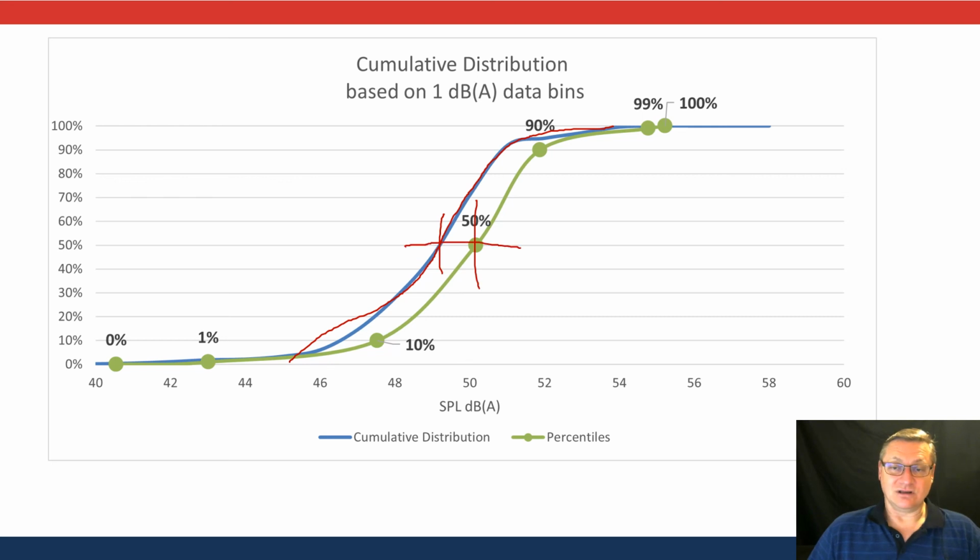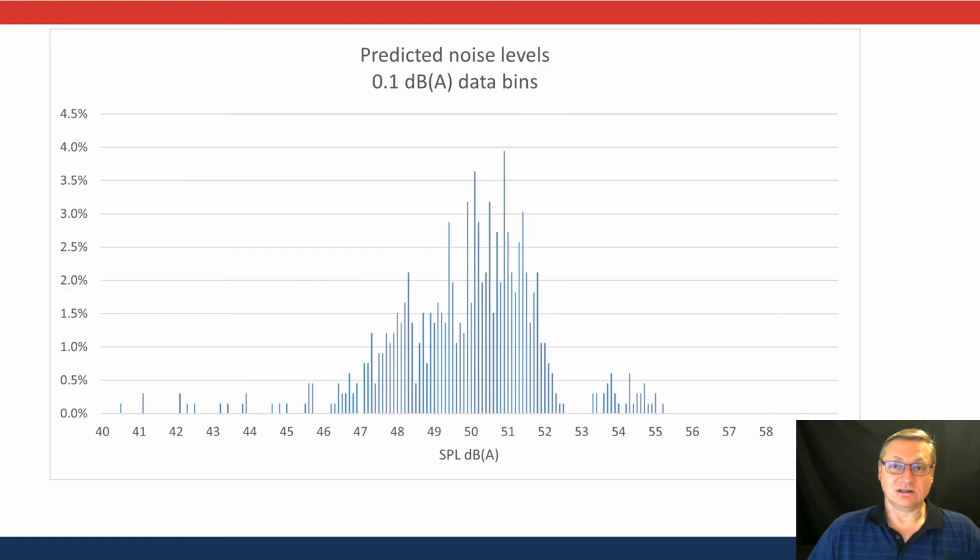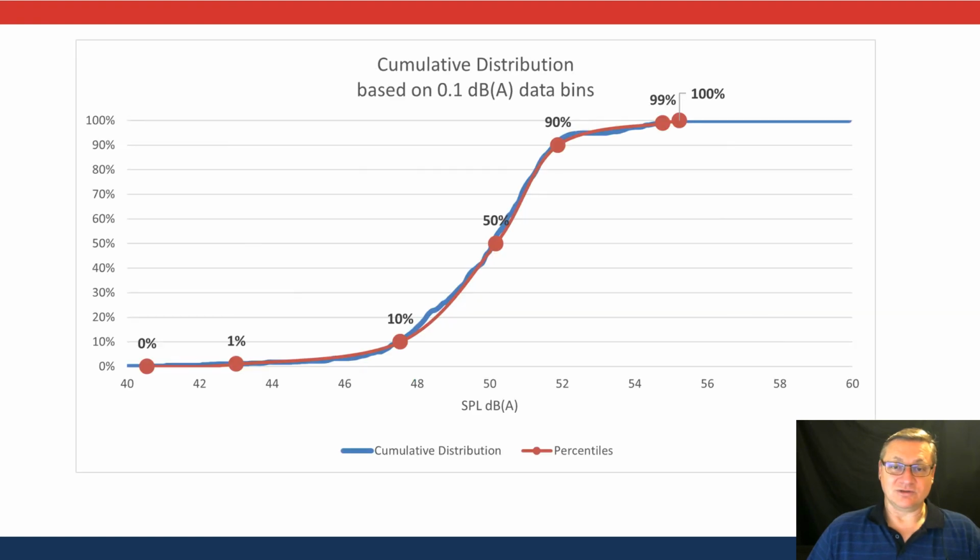So I have found that if you use a much narrower data bin width for your probability density, then the probability density graph isn't very neat, but the cumulative distribution graph is very nice. The cumulative distribution matches the percentiles very well indeed.